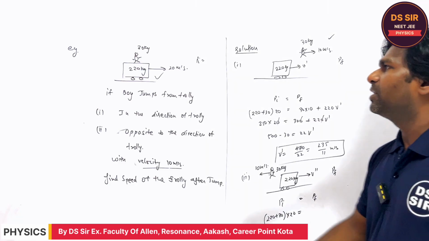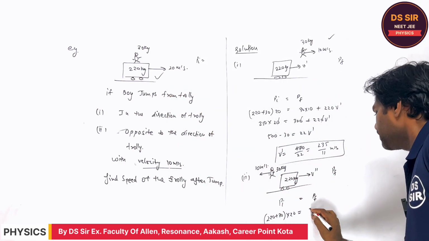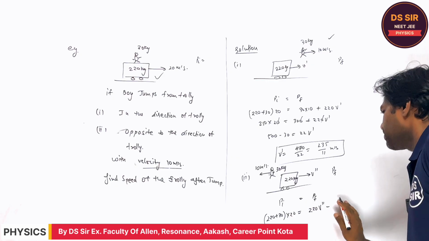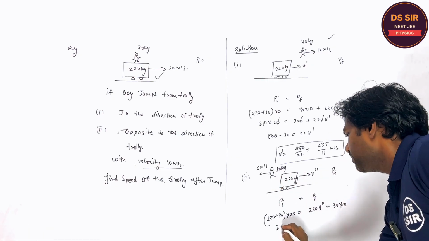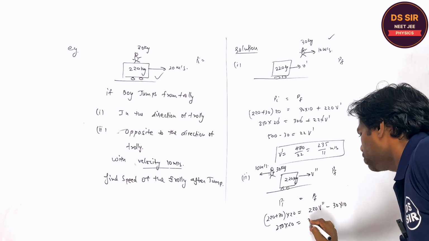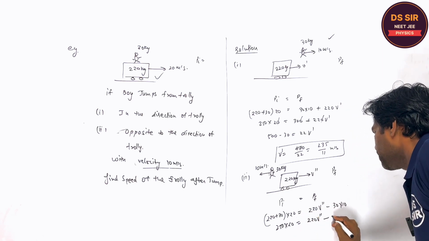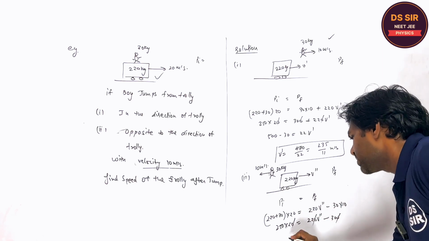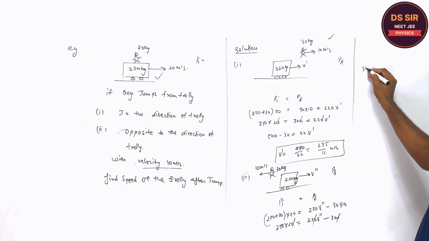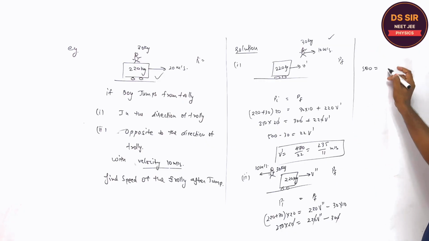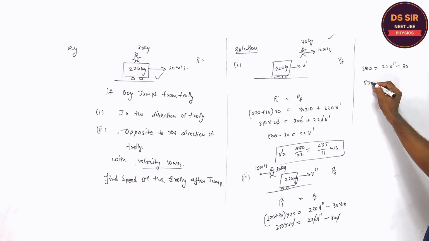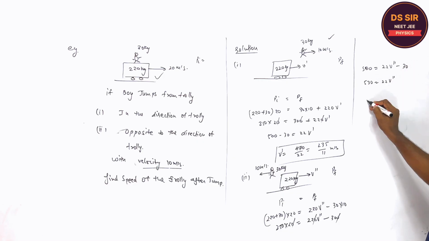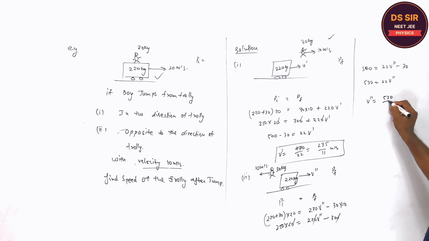So the P final, the final momentum, is 220 into v double dash minus 30 into 10. You can simplify this: 250 into 20 is equal to 220 v double dash minus 300. The 10 I will cancel. So this is 500 is equal to 22 v double dash minus 30. 530 is equal to 22 into v double dash.